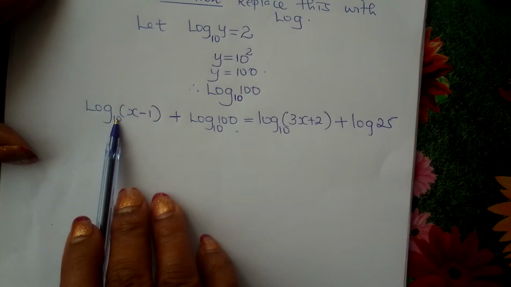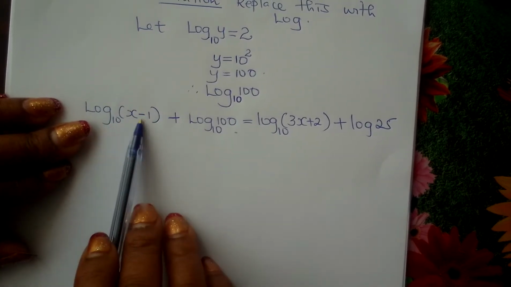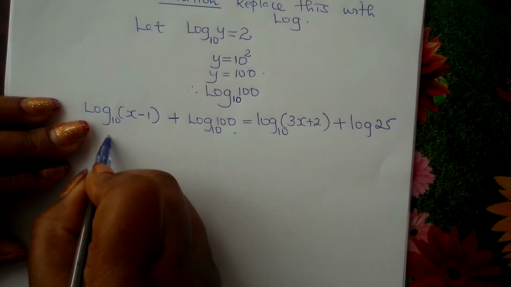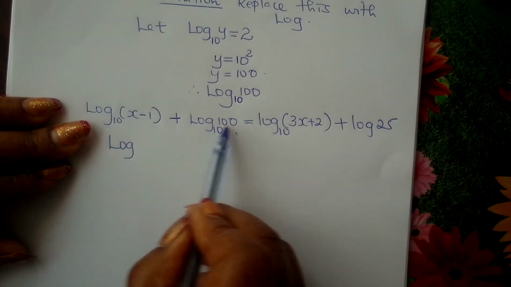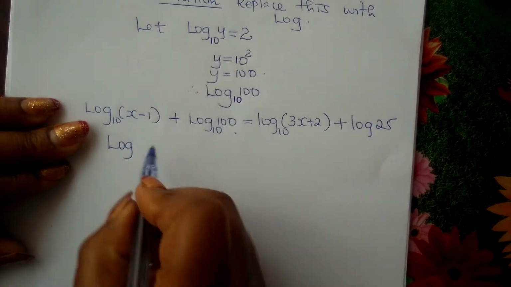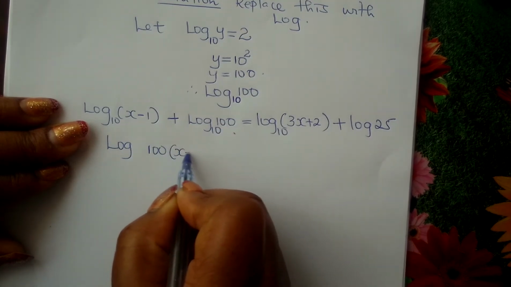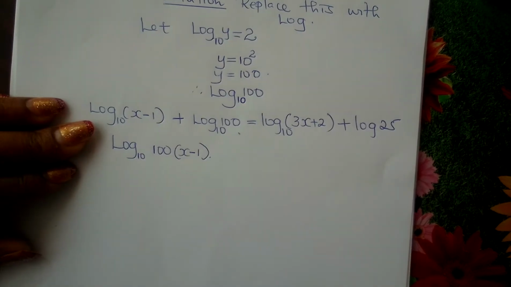From here now you apply the laws of logarithm. Here we have addition, and here we have log of this and log of this. If we have addition, learner, we normally write 1 log, and then what do we do to these 2 terms? We multiply them. And therefore you take your 100, you multiply with the first one there. And all these are to base 10.